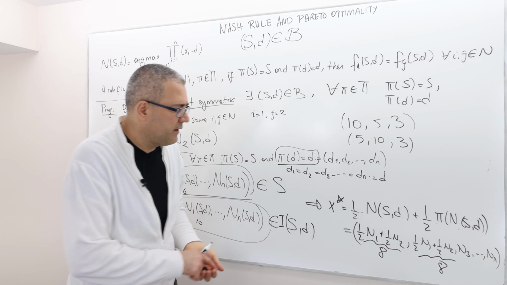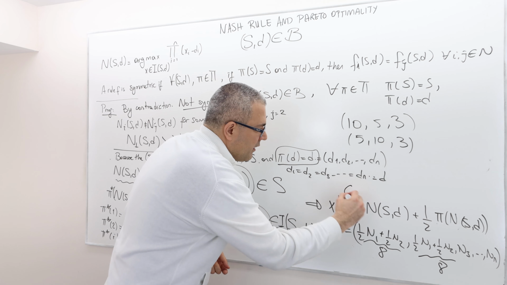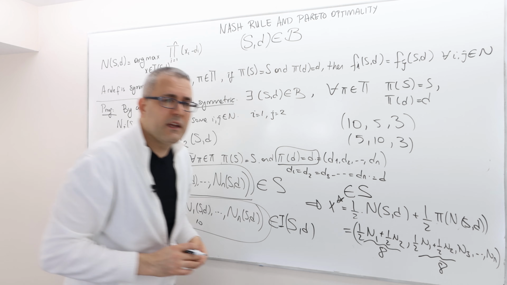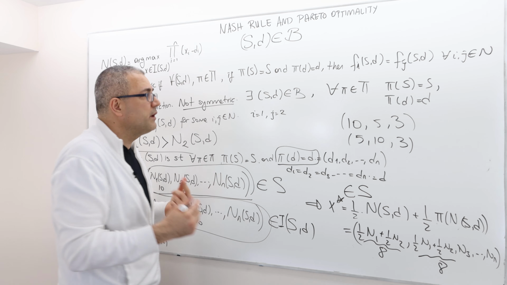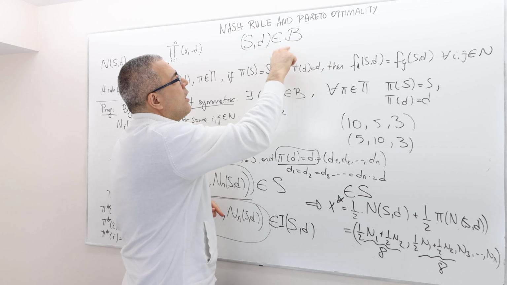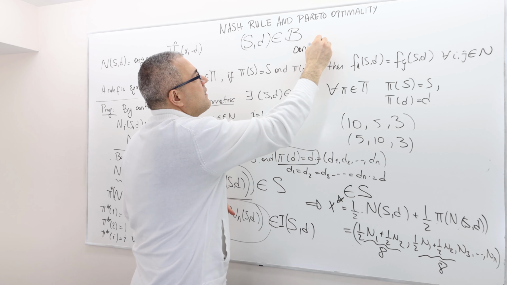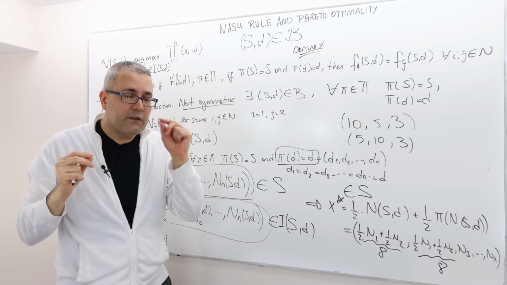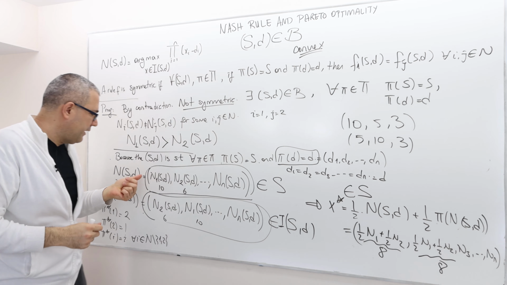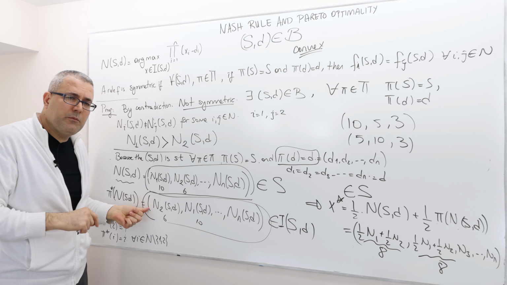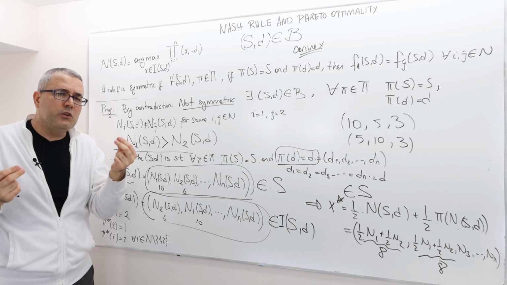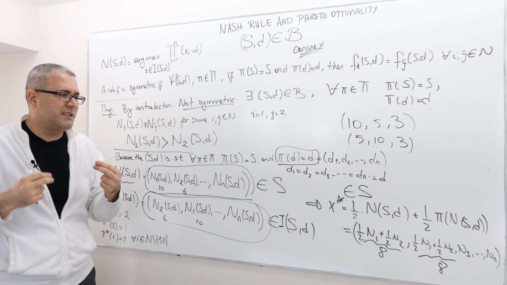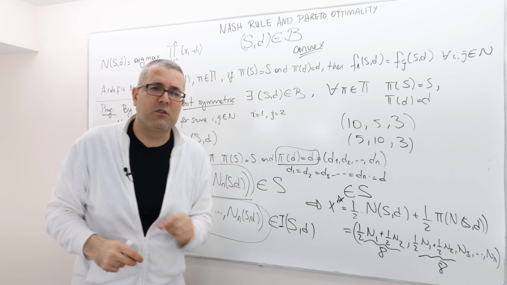And I know that this X star is also in my bargaining set S. Why is that so? Because remember, the bargaining problem is convex. So if one payoff vector is in set S, and another payoff vector is in set S, any convex combination of these two points must also be in that set S. So therefore, X star is also in S.